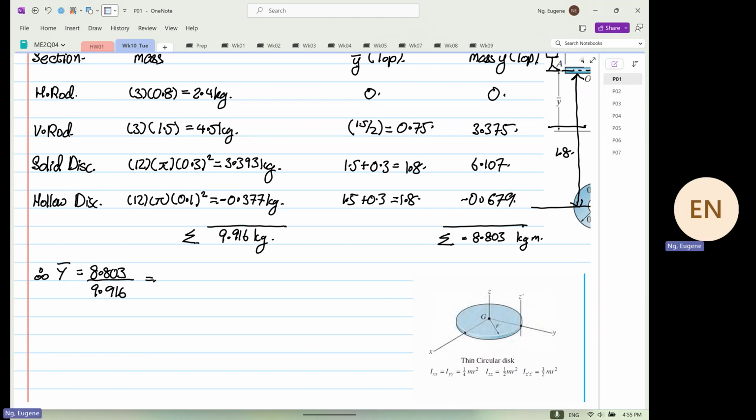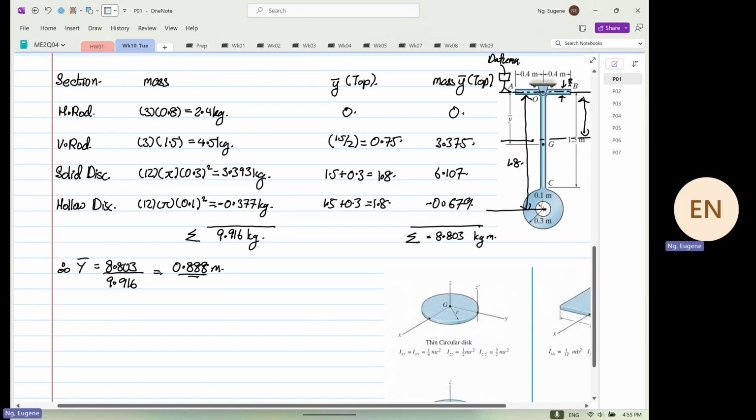Okay, so 8.803 divided by 9.916 is equal to 0.888. Oh, it's a very good Chinese number. We love this number. 888 means prosperous for everybody. Okay, so it's 0.888 meters.